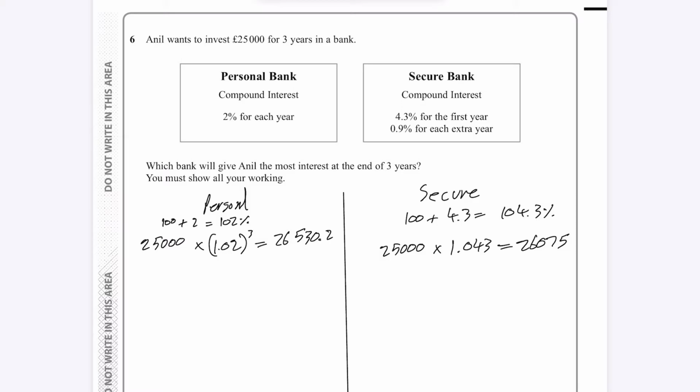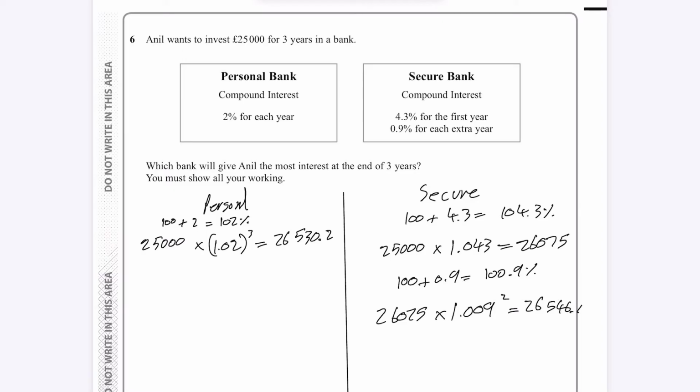sorry, just 0.9%. So that'll be 100 plus 0.9, which is 100.9%. So that'll be 26,075 pounds times 1.009. Square that because it's over the next 2 years, and that equals 26,546 pounds.